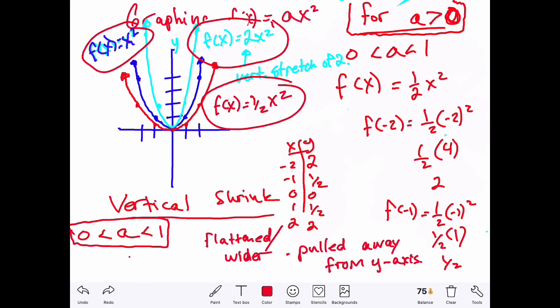And if you have a greater than 1, then you have what's called vertical stretch, like we do here in light blue, and that pulls it towards the y-axis. So vertical stretch pulls it towards the y-axis, vertical shrink pulls it away from the y-axis, and those are our two transformations that we're going to look at in this section.